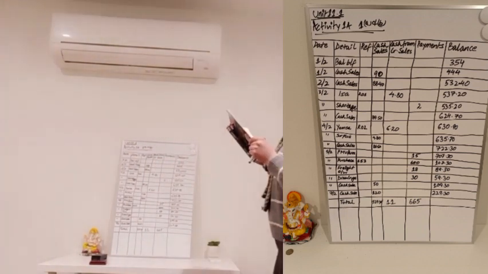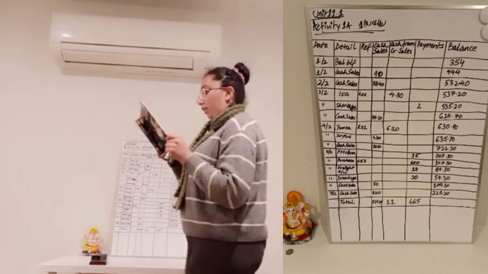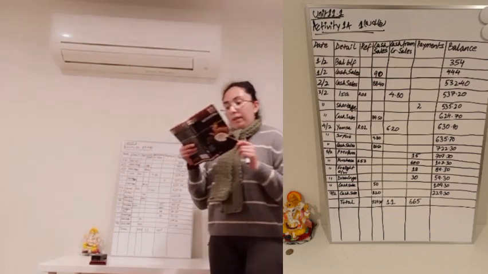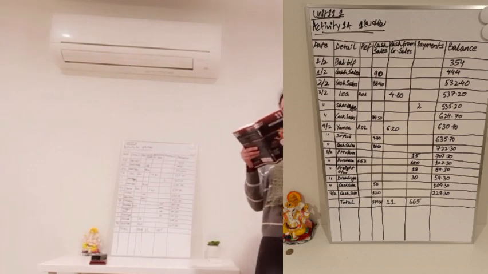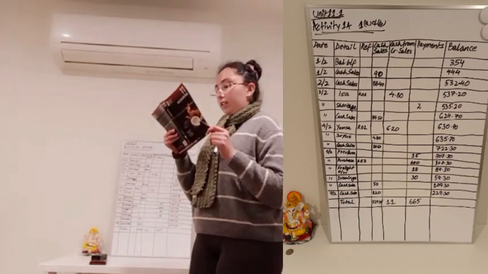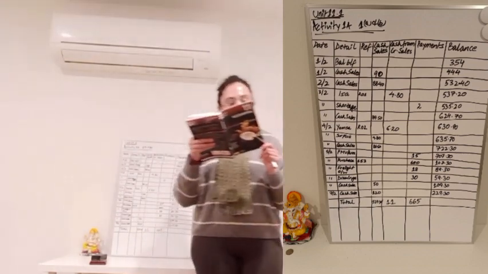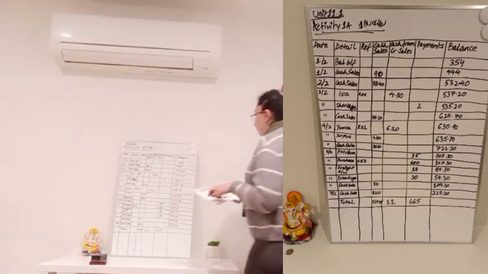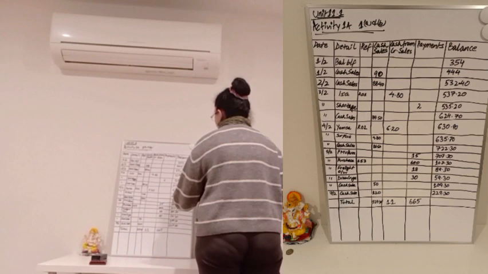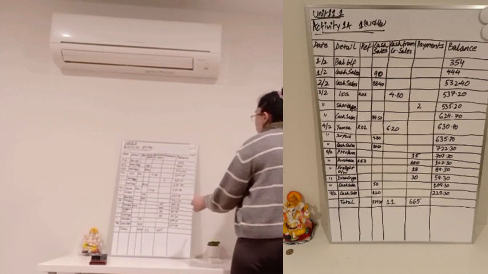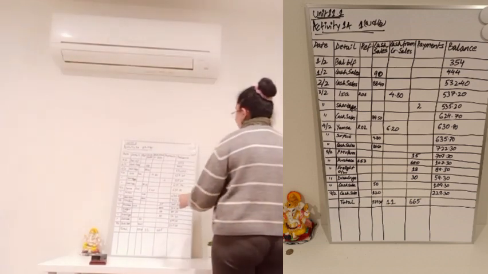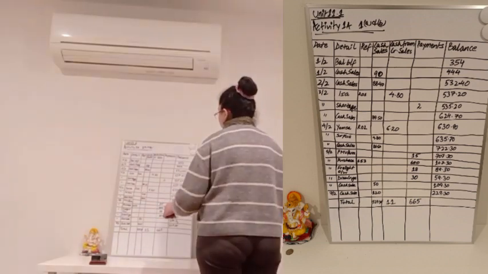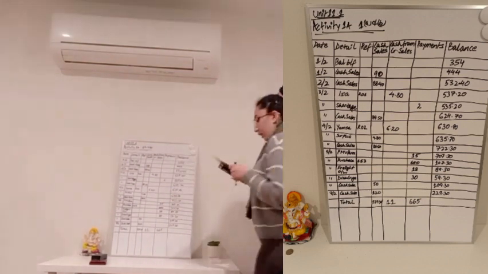Then on 5th, there are some payments which have been made. PMV fares $15, purchase 600, freight outward 18, drawings 30. So we'll subtract all these items. The balance becomes 707.30, then 107.30, then 89.30, and lastly 59.30.